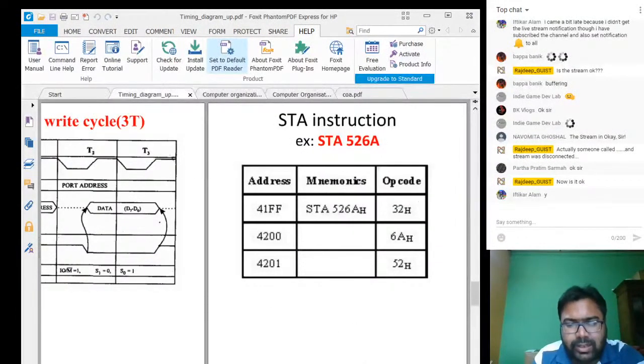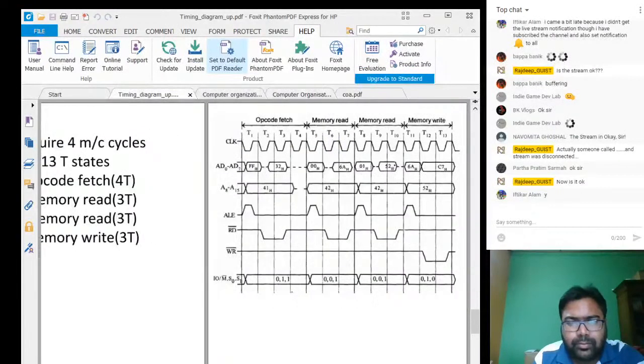We first read it, and then we execute it. So we first read the contents, and once we have executed this instruction, the corresponding addresses 4200 and 4201 are read, and finally we have a memory write operation.